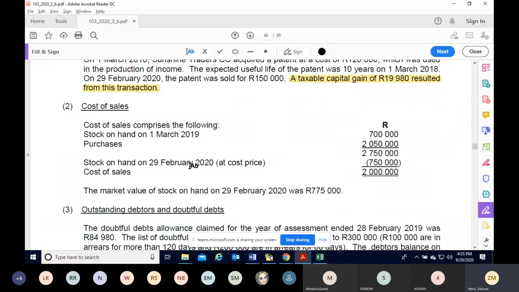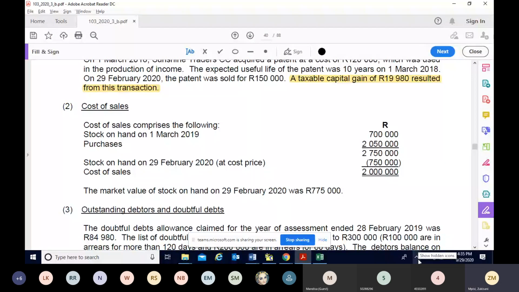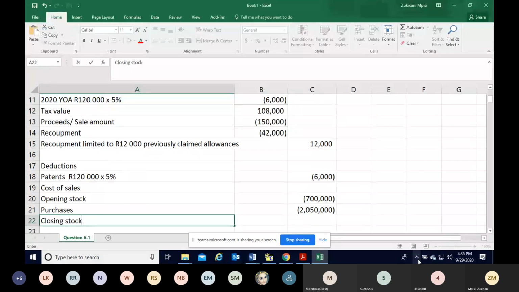Then you've got stock on hand on 29 February at cost is 750,000 and at market value is 775,000. So which one do we apply? Are we going to apply the cost or the market value? So remember, in terms of IAS 2, yes, someone can.